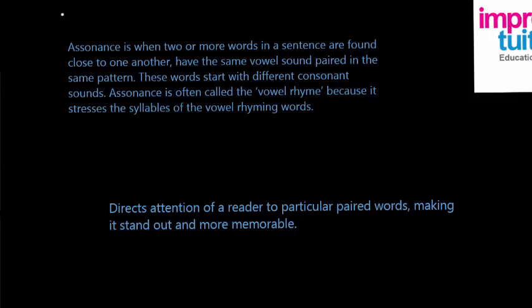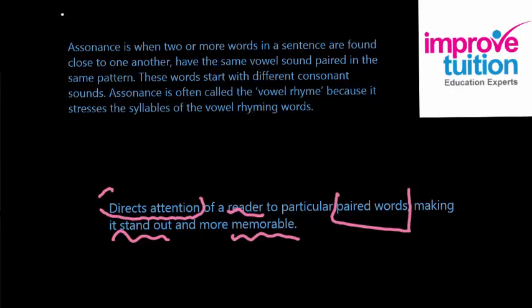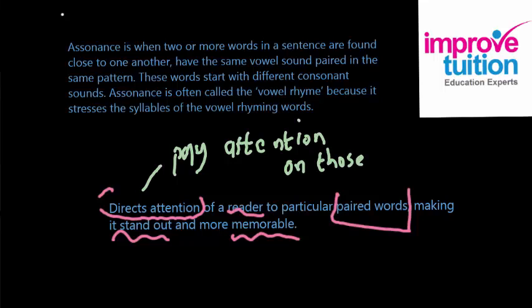It might be in a headline or a news article, and the words direct the reader's attention to pairs of words and make it more memorable, because it stands out more.